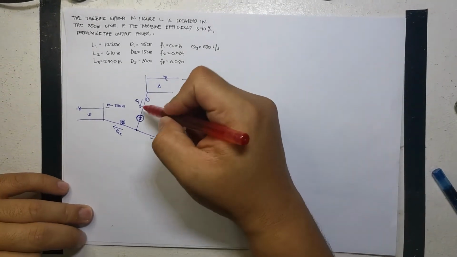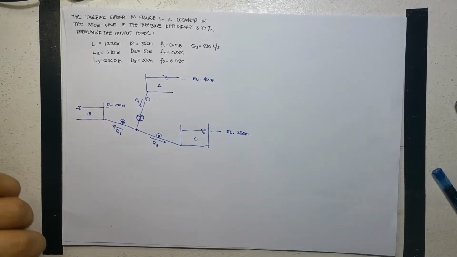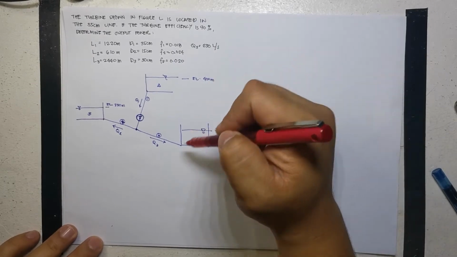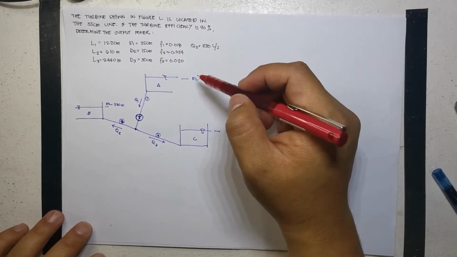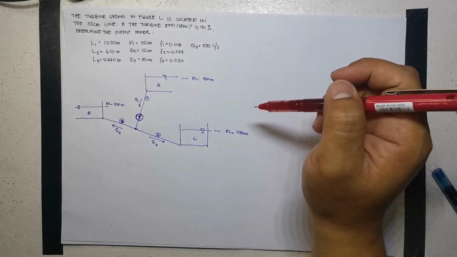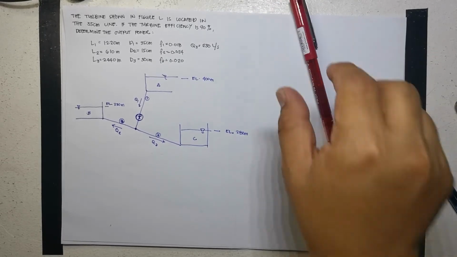Then, along pipe 1, merong turbine. So, given din yung mga elevation ng water surfaces sa bawat reservoir. So, meron tayong elevation 400, 330, 280 for A, B, C respectively.